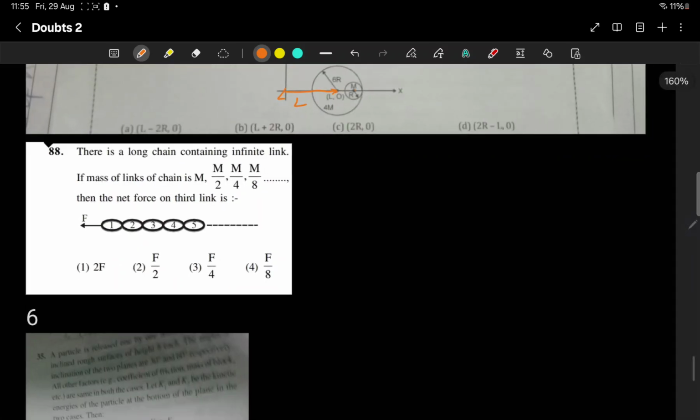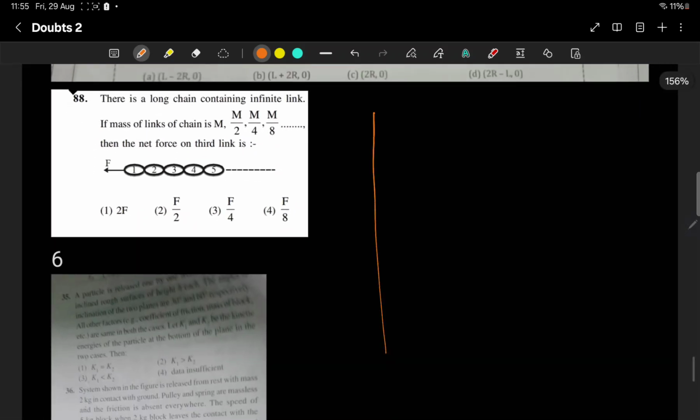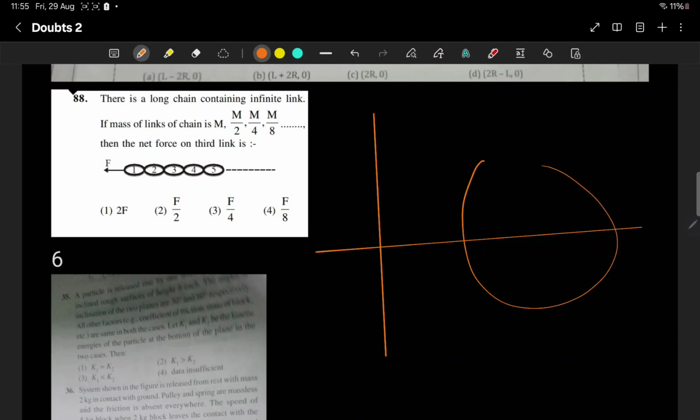This entire distance is 6r. The center of the bigger sphere will be here, at L comma 0, as given in the question. Let me draw this bigger. Here I have an axis, a big sphere, and a smaller sphere.